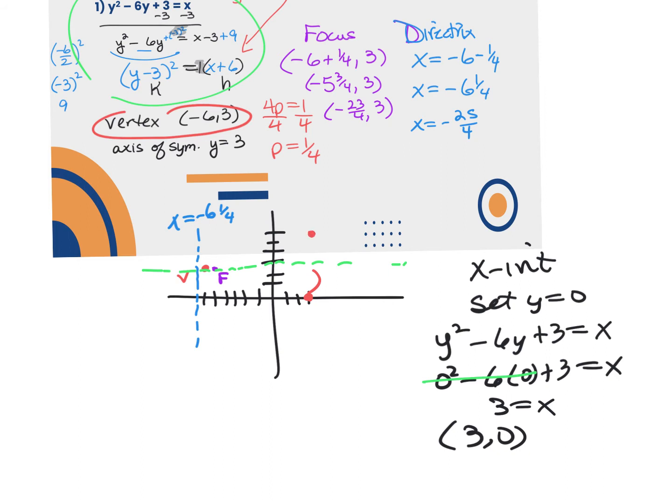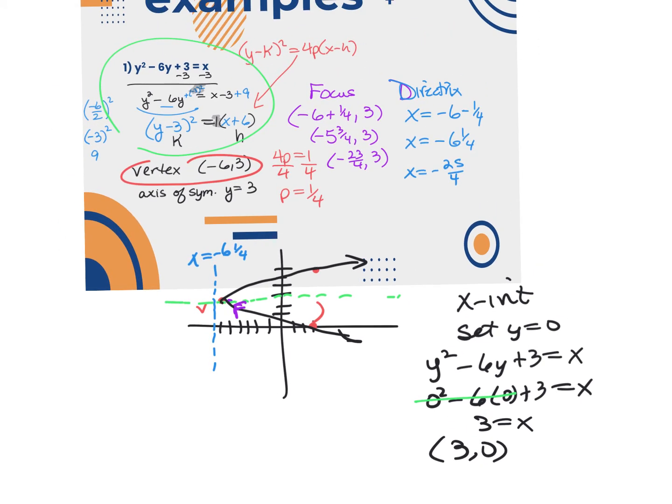And then connect your points and make your parabola. So the purple was the focus. Taking this into WebAssign, it may want you to put the focus and the directrix as an improper fraction. So just pay attention to that.